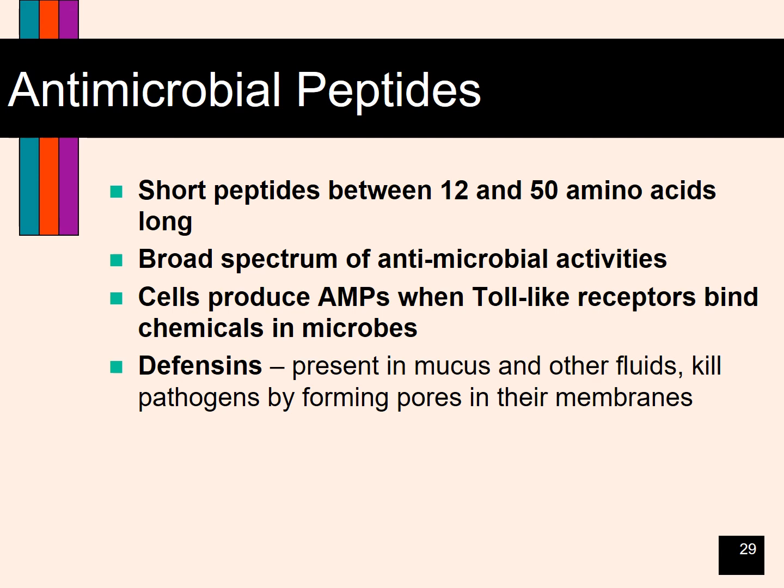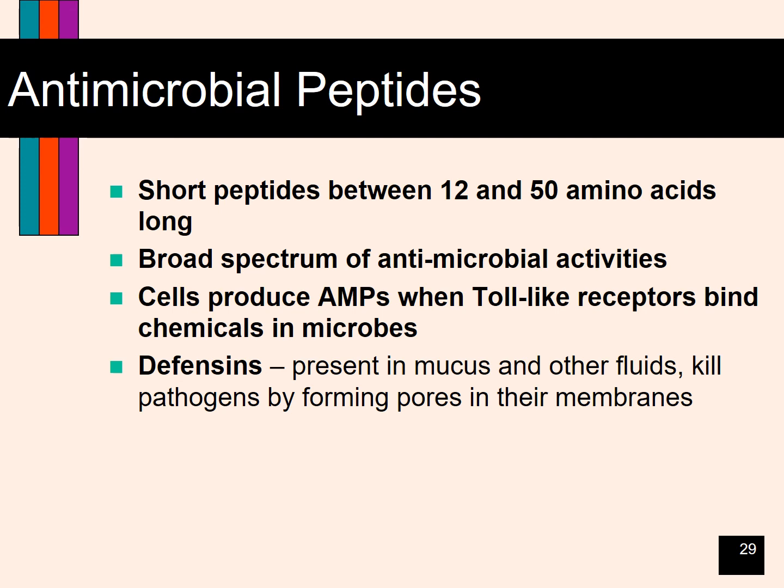What I mean by that is like 1 + 1 = 5, right? There's synergy there. So they work better together than they do individually. We actually produce these antimicrobial peptides when our toll-like receptors bind to, remember the toll-like receptors? When they bind to the pathogen-associated molecular patterns in microbes, the PAMPs, our cells will produce these antimicrobial peptides.